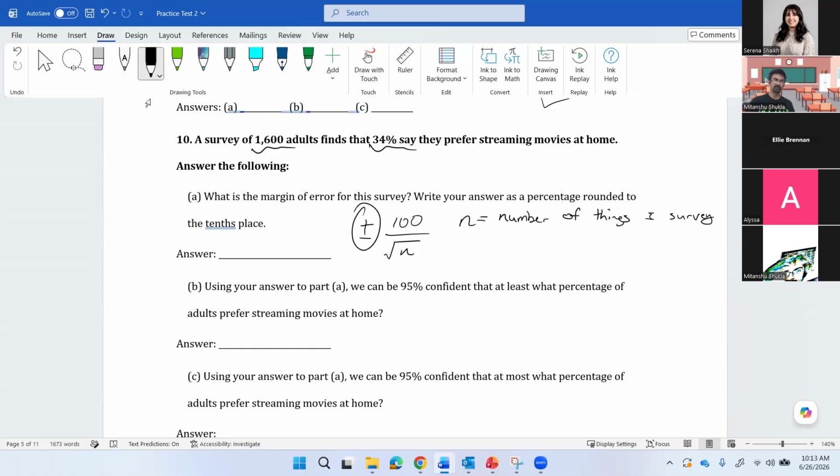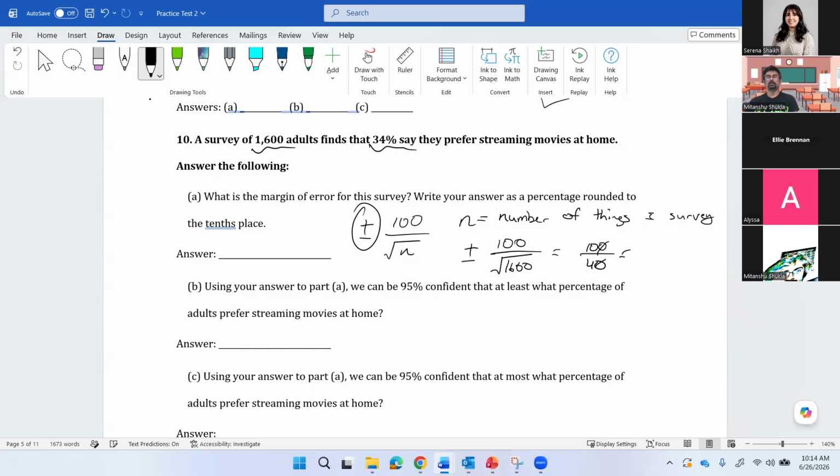I'm going to assume yes. Okay, so let's plug this thing in. We have plus or minus 100 over the square root of 1,600. I think it's 100 over 40.